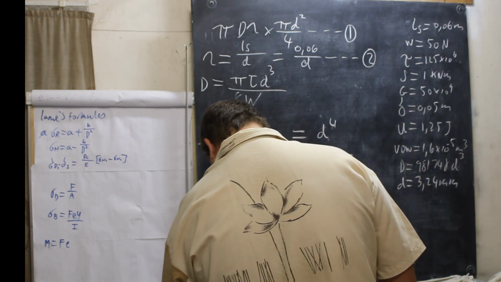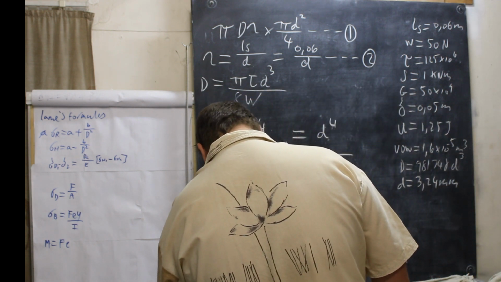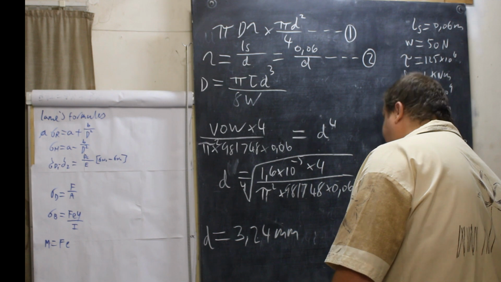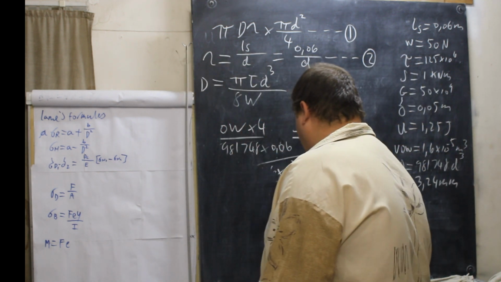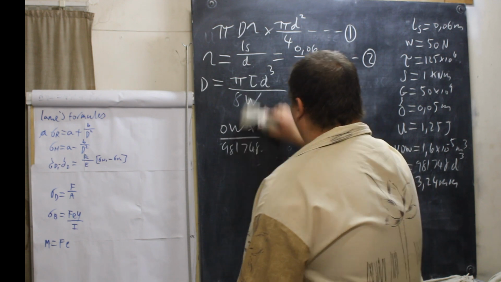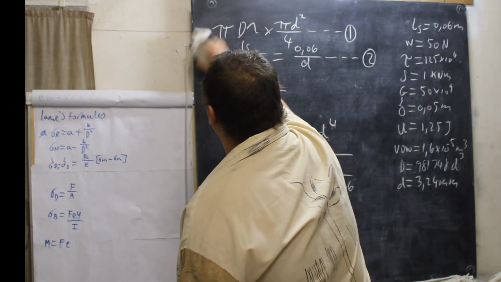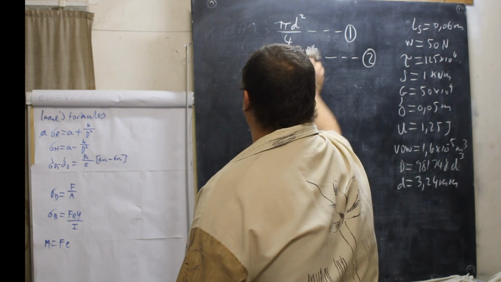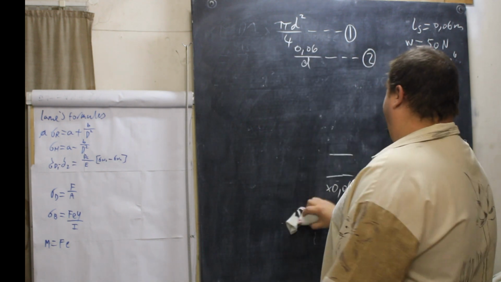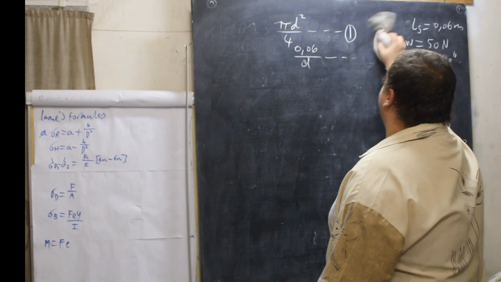Alright, now they want the mean diameter of the coil. Well, that's easy, because we've already worked that out. We've already got the formula for the mean diameter, I mean.